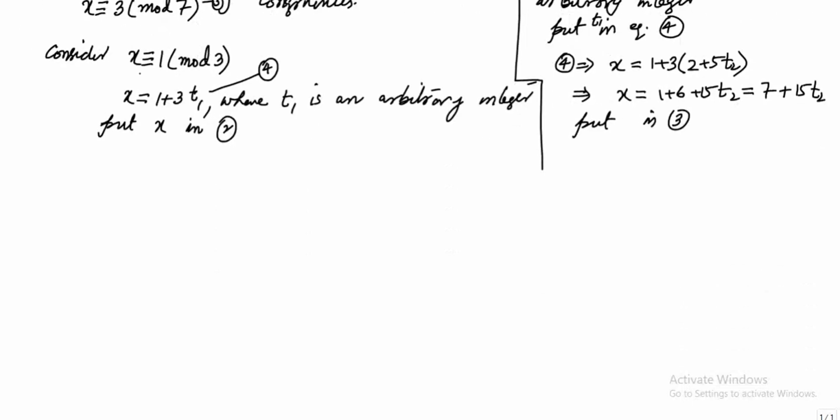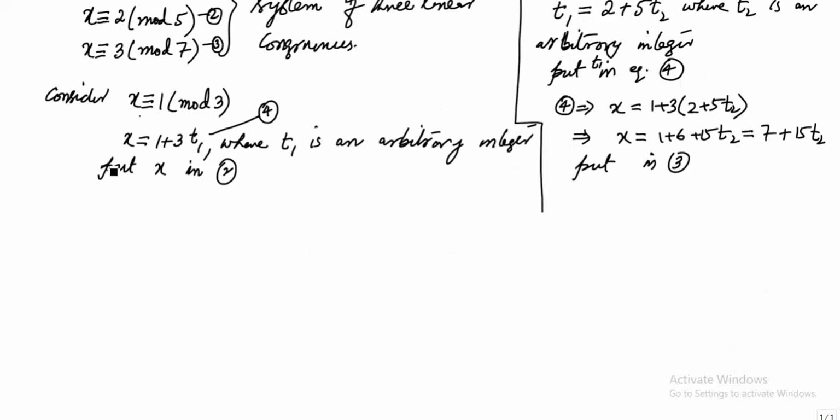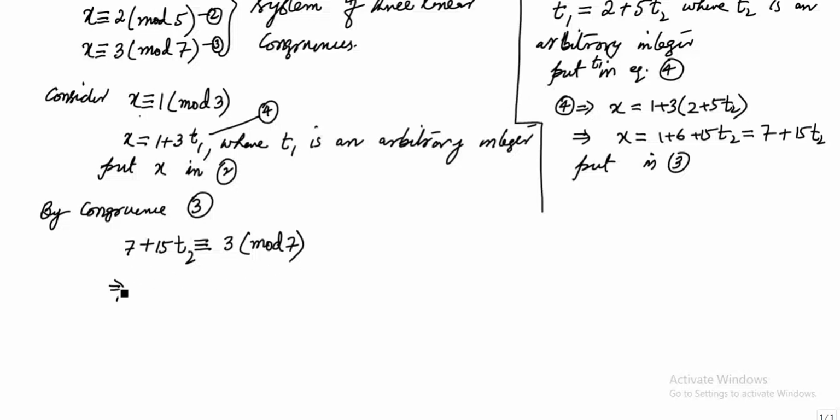Now by congruence 3, we can write 7 plus 15t2 is congruent to 3 modulo 7. Okay, so 7 is 0 here in modulo 7.